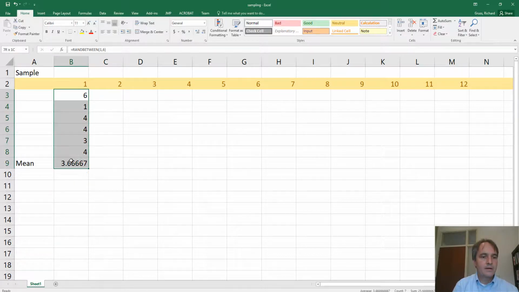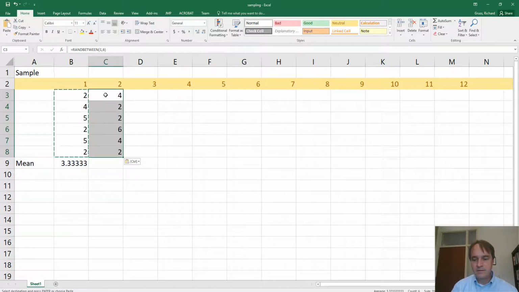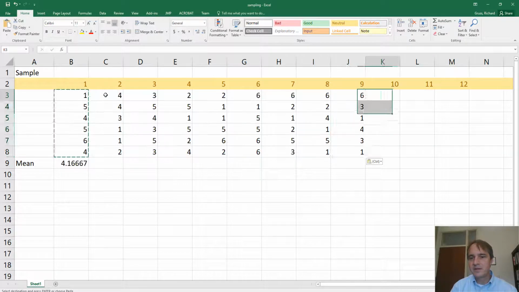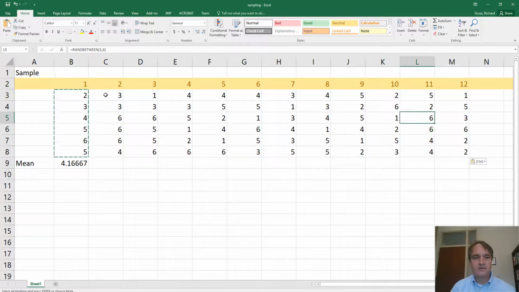So I'll just take these rows and copy. I can just select the whole range, but I kind of like to watch it happen. So there it goes.